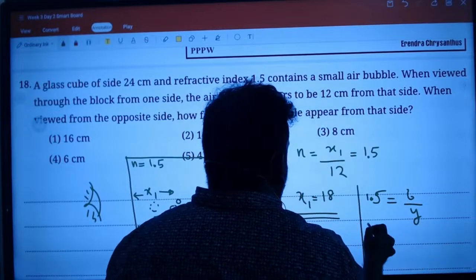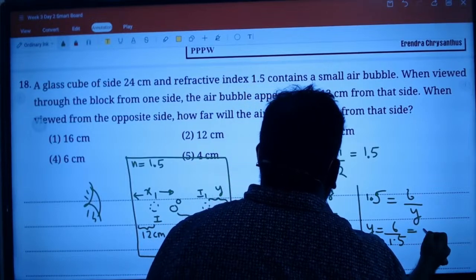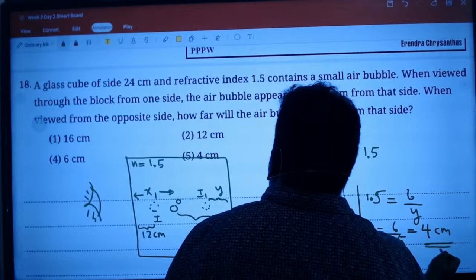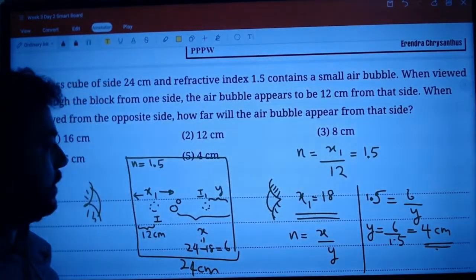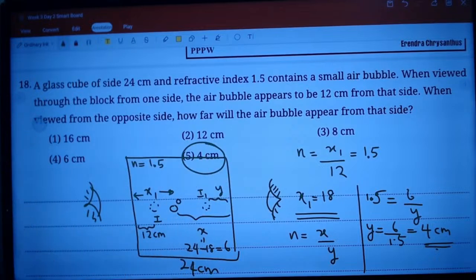Y only we have to find. 6 divided by 1.5, 4 centimeters. So it will appear 4 centimeters from the other side. 18th question, answer number 5.